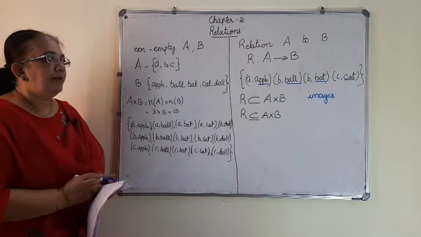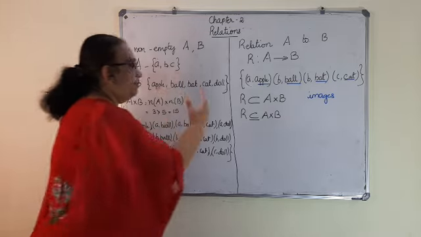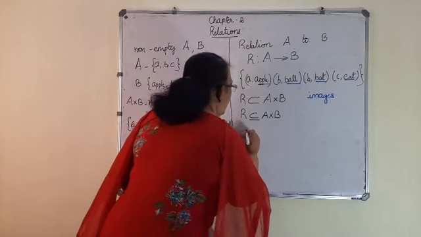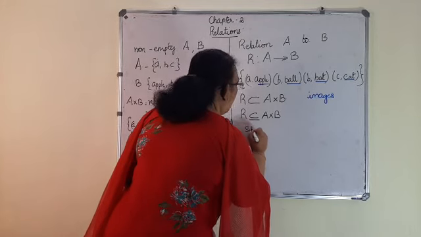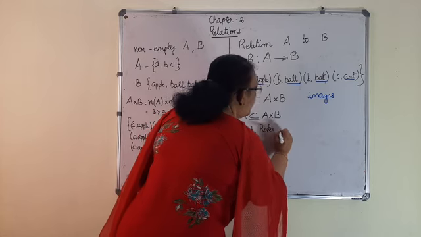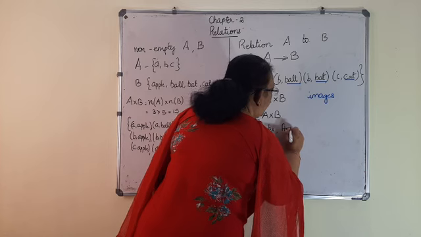The relation can be represented using set builder form or roster form, or sometimes it can be represented by an arrow diagram.